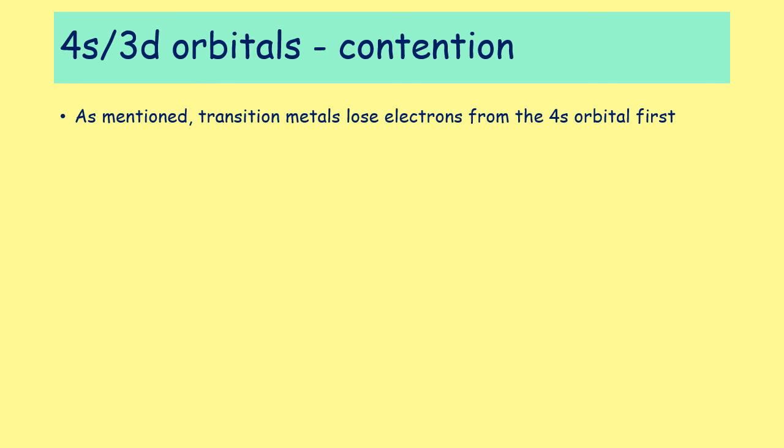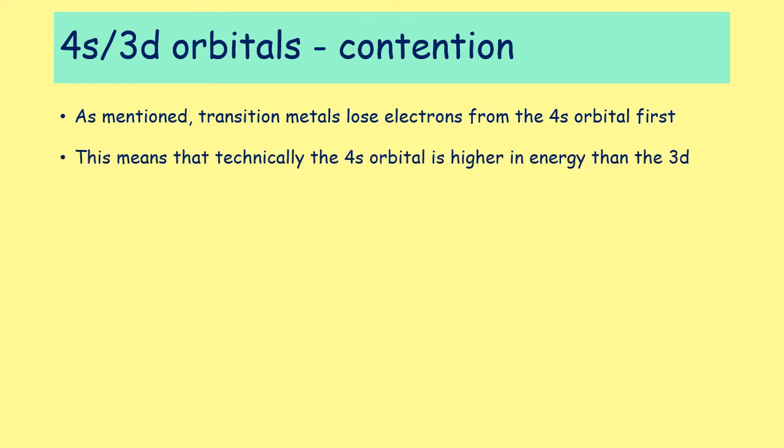Now there is a little bit of contention between which of these orbitals, the 4s or the 3d orbitals, is higher in energy. The fact that you lose the electrons from the 4s orbital before you lose the electrons in the 3d orbital would indicate that the 4s orbitals are higher in energy, therefore easier to remove. But if you look at the filling pattern, the 4s orbital fills before the 3d orbital, so it's not a strict, completely well understood part of chemistry.